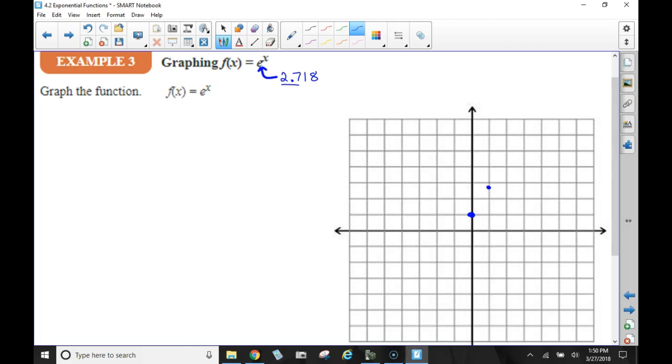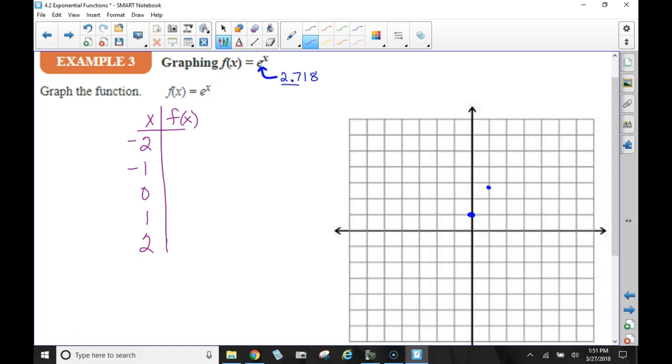Let's get some more points, though. Once again, I'm going to figure some x, y, or f(x) ordered pairs. You can let x be anything, but wise old Mrs. Tucker said to use those because they're the easiest to calculate and they have the best chance of appearing on our graph paper.